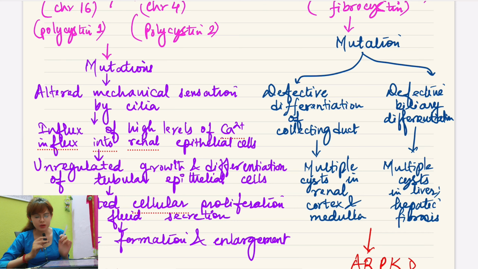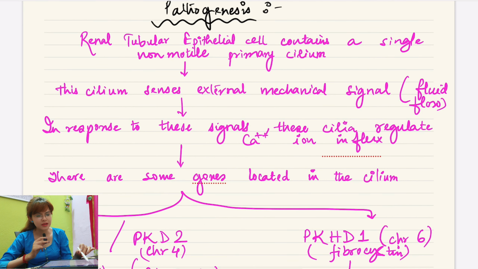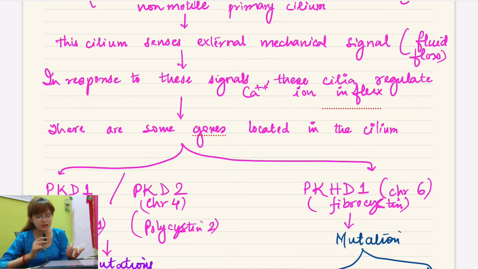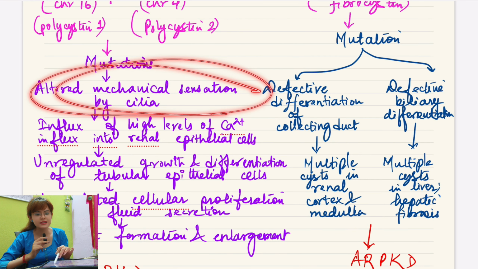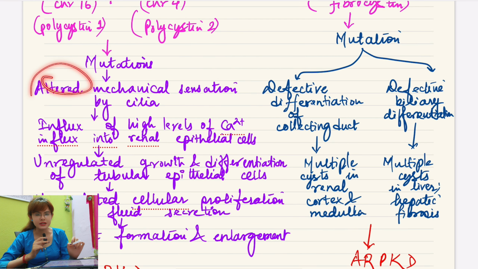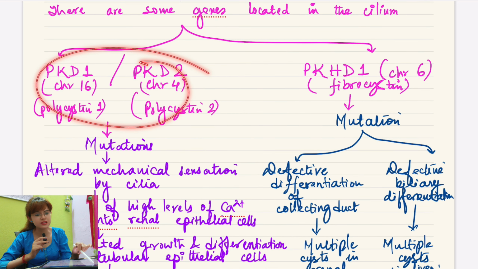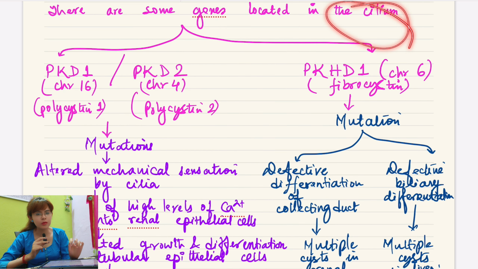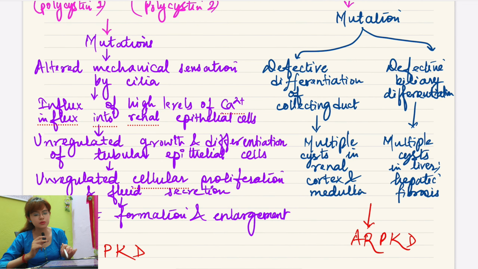Now, because of mutations in these genes, the mechanical signal that was being sensed by the cilium, after which it was regulating the calcium influx, will now be altered. There are mutations in these genes, and you know that these genes are present in the cilium. Therefore, the cilium will not be able to function properly, and there will be altered mechanical sensation of this cilia.